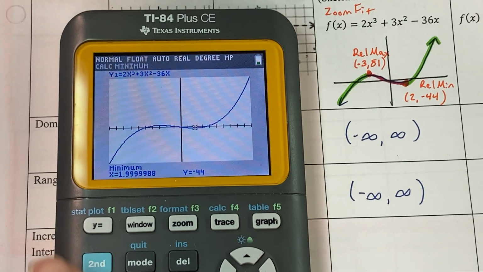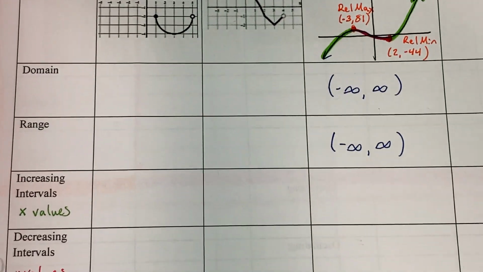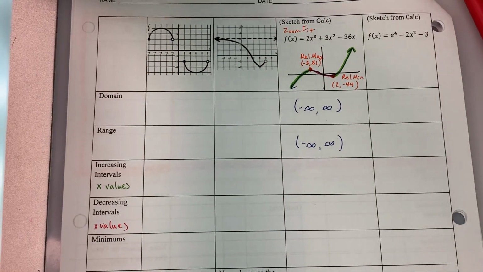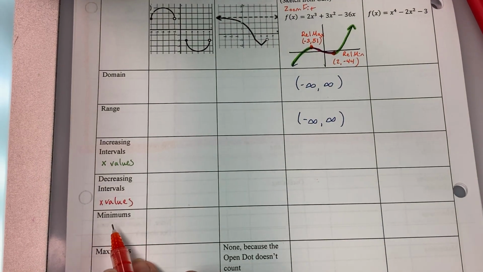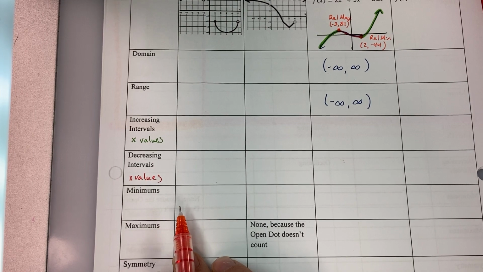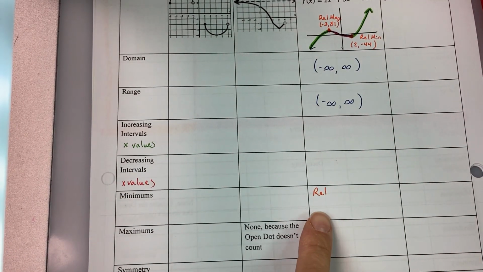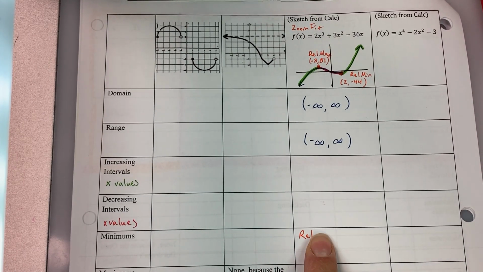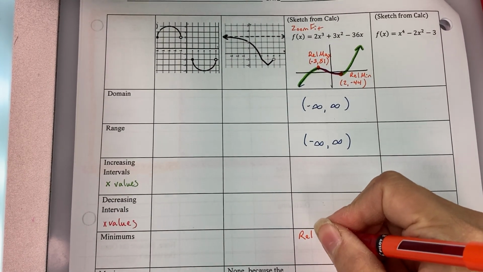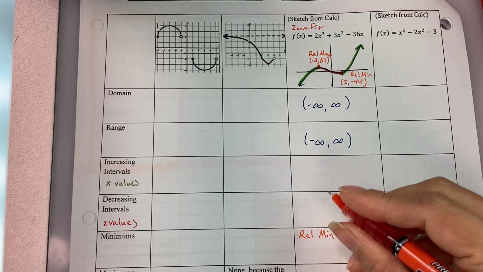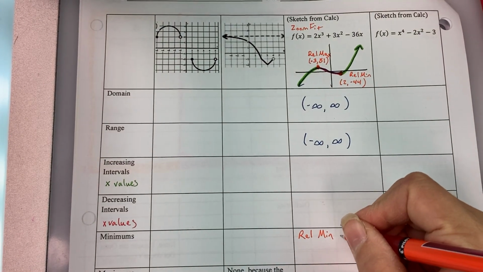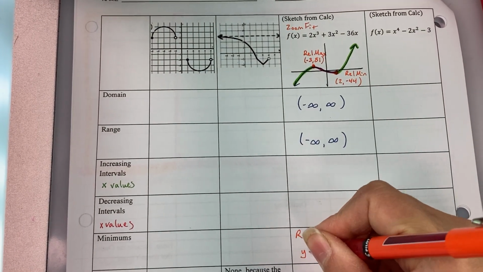All right, folks, so now I can fill in a bit more info on my table. I'm going to go ahead and zoom out here. So for minimums, we can state that we have a relative minimum. And I do want you to state relative or absolute when you are stating those values. We can say we have a relative minimum of y equals negative 44.